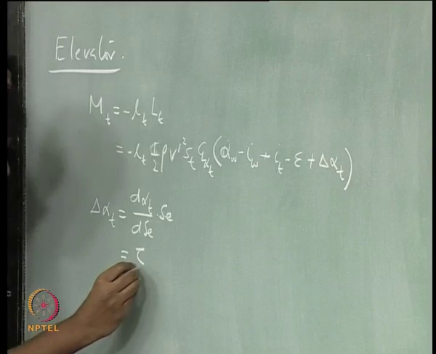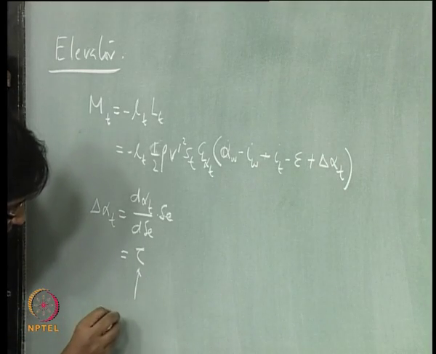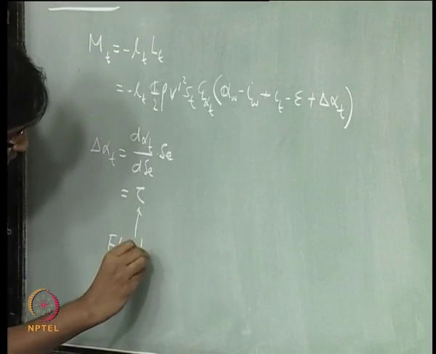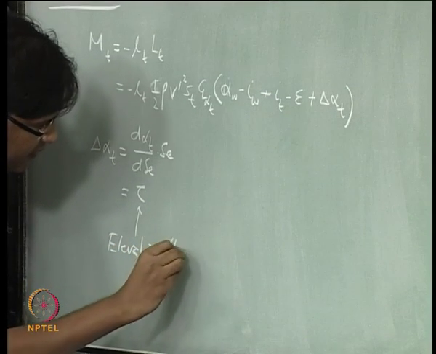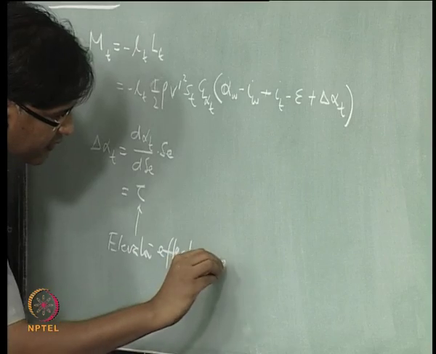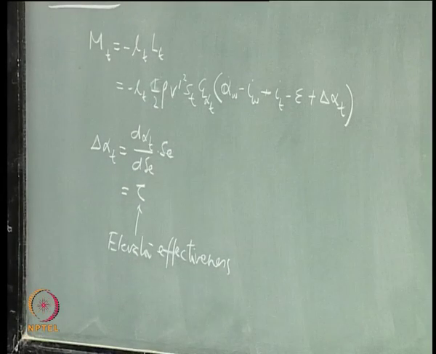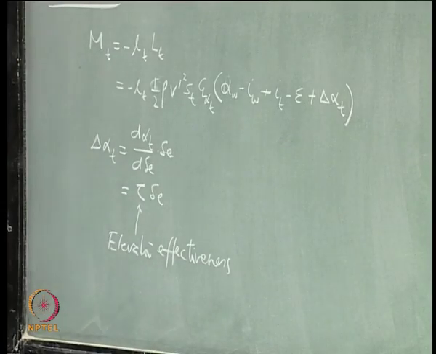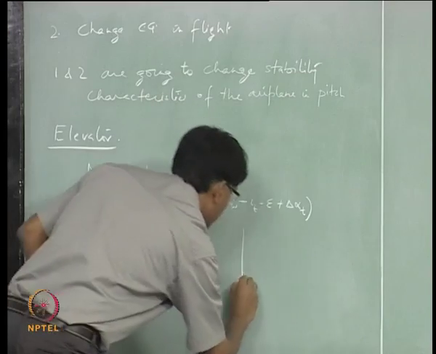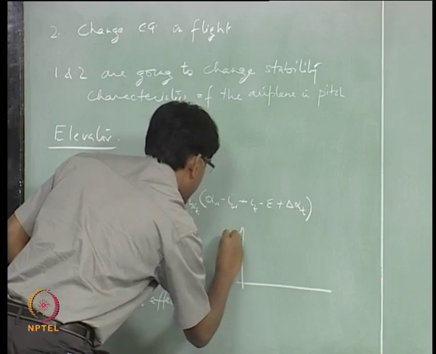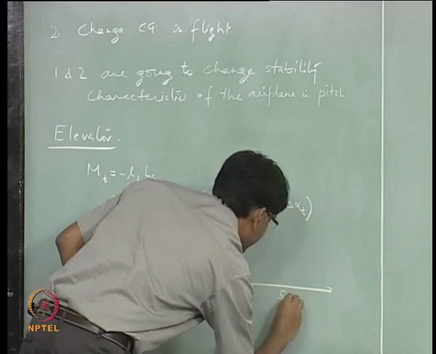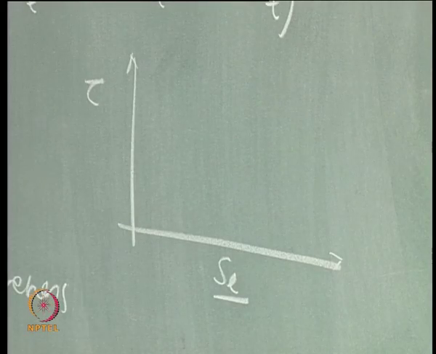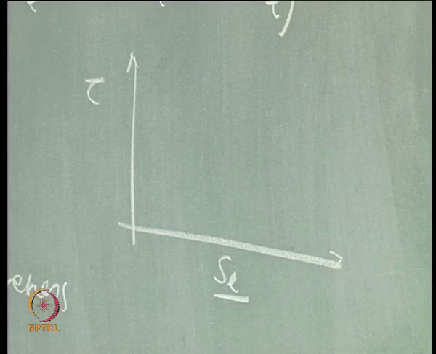Okay, it is called elevator effectiveness, and this depends upon SE. So, the platform area of the elevator part, okay. So, only the control part.